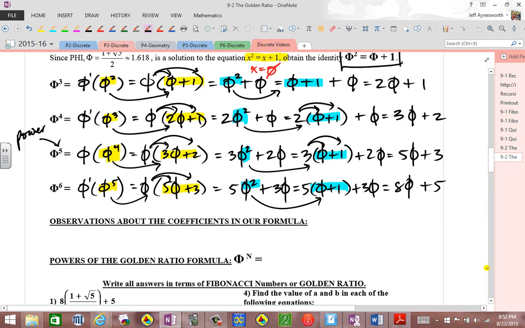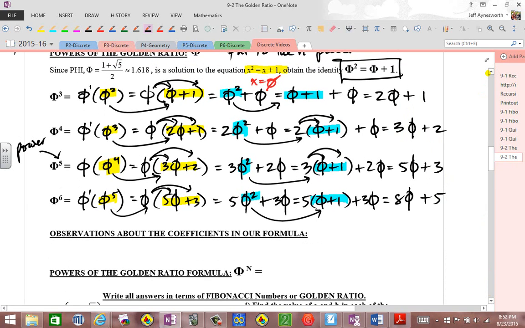Now, what you have to do is understand what's going on here. There's a relationship between the nth power and the coefficients. So the coefficients of phi are actually the Fibonacci numbers.